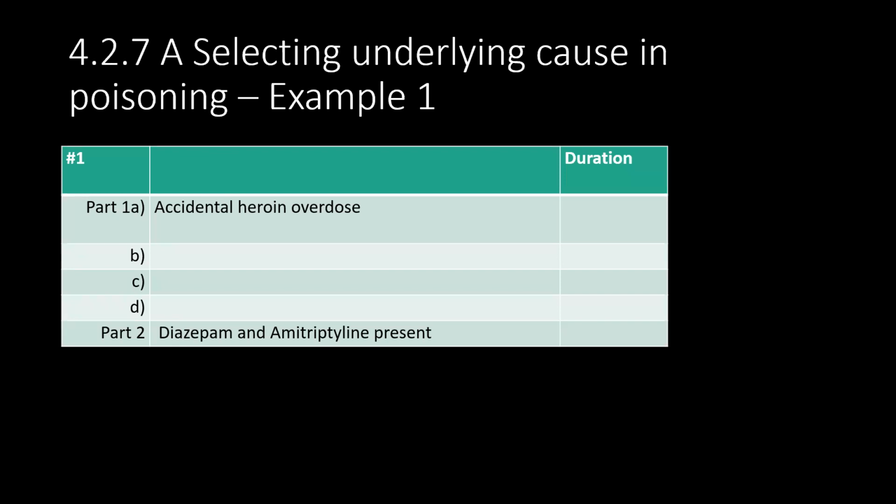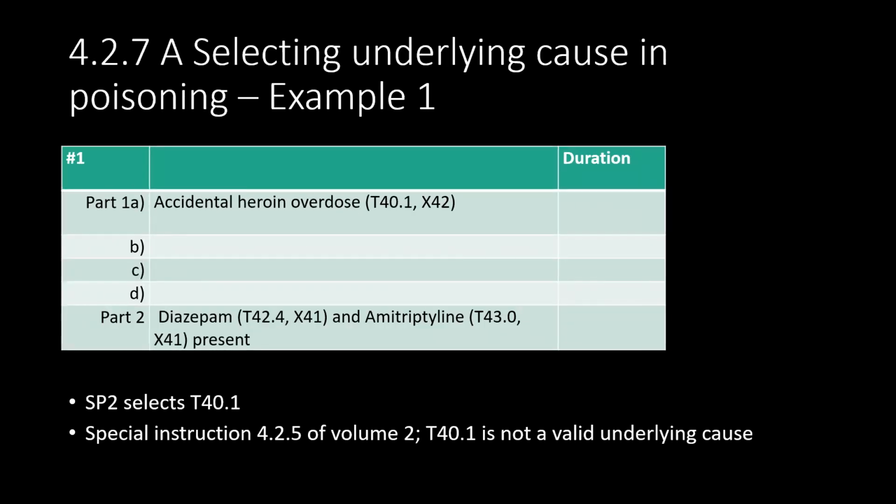Here is an example. Accidental heroin overdose, part 1A. Part 2, diazepam and amitriptyline present. Let's check how accidental heroin overdose is coded.